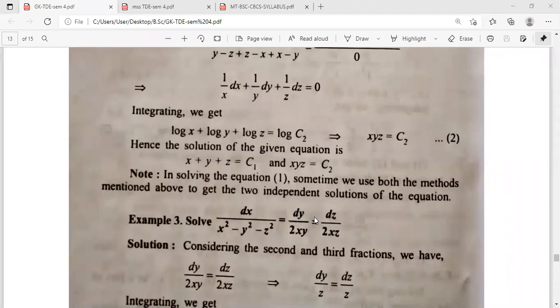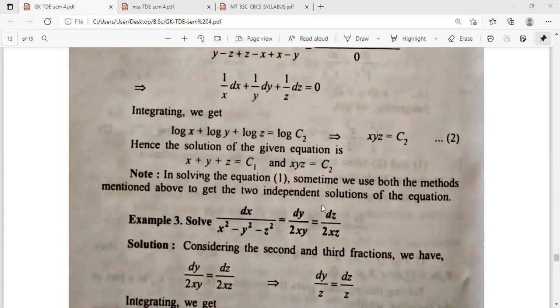Now, in solving the simultaneous equation, sometimes we use both the methods mentioned above to get the two independent solutions of the given equation. That means you can use only one method; there is no need to use the same method.